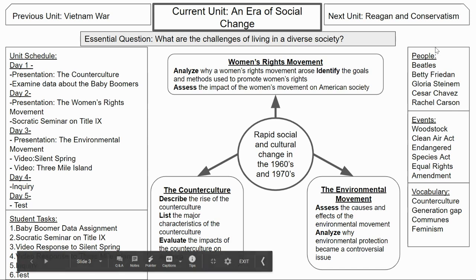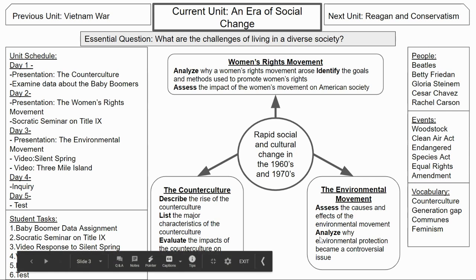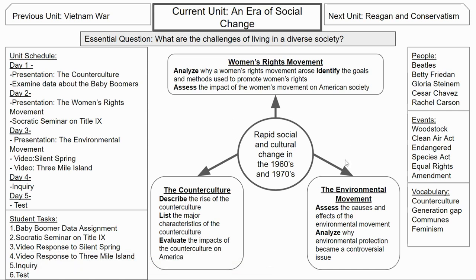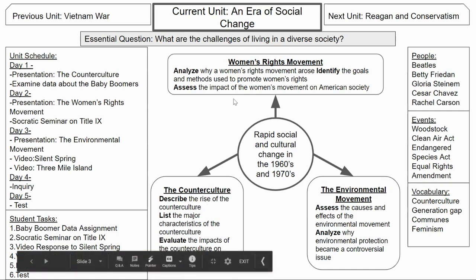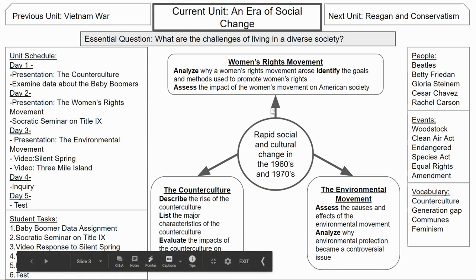Sometimes you might put over here equations that students need to know, or maybe just some different types of measurements or data that are used a lot in the unit. And then you have a graphic organizer of the unit itself with some actions that the students should be able to do within these parts of the unit.